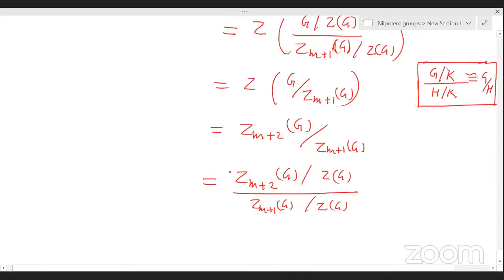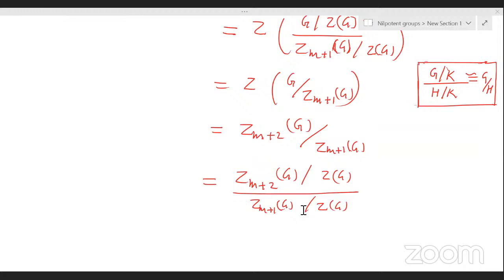Okay, these terms are isomorphic, but for our convenience, I am just writing equal here. These all are isomorphic. Okay, by this isomorphism, because the center is always contained in the higher terms of the upper central series, we can write it like this.